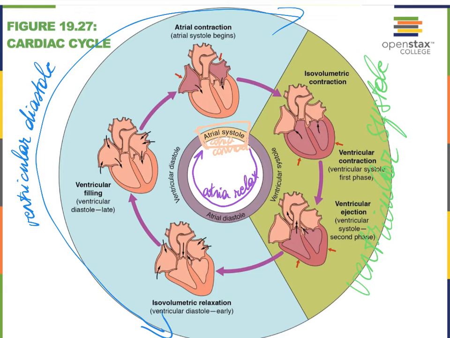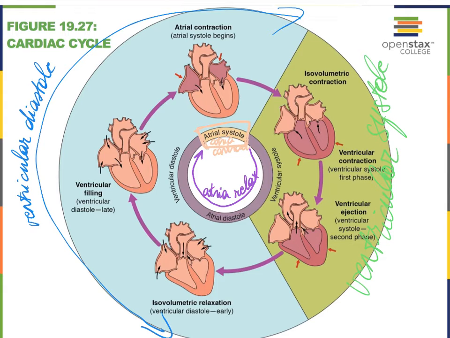This tells us, as I mentioned earlier, that there's actually a substantial time period when both atria and ventricles are relaxed. So let's take a look at that. Everything in the purple is atrial diastole, and everything in the light blue is ventricular diastole.